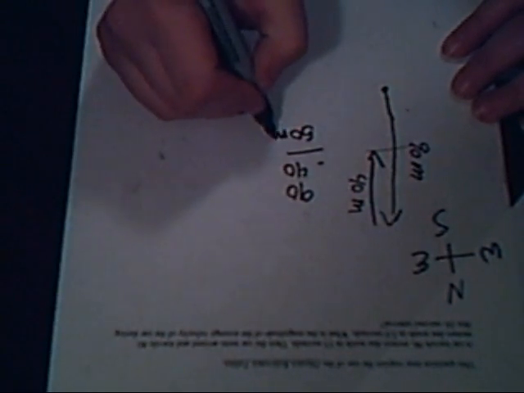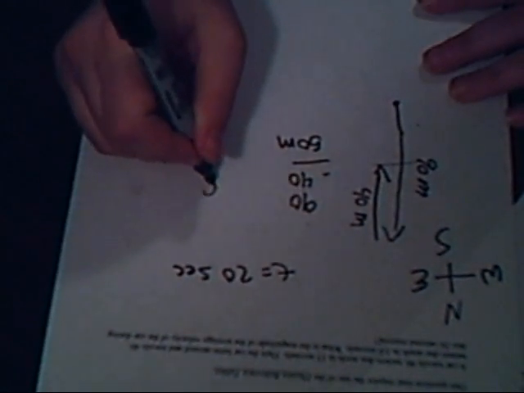So that is the displacement. They would want the average velocity from the displacement of the origin. So you would add the vectors. So 90 minus 40 equals 50 meters. And then the total time is 20 seconds. And you would substitute in the formula distance equals velocity times time.